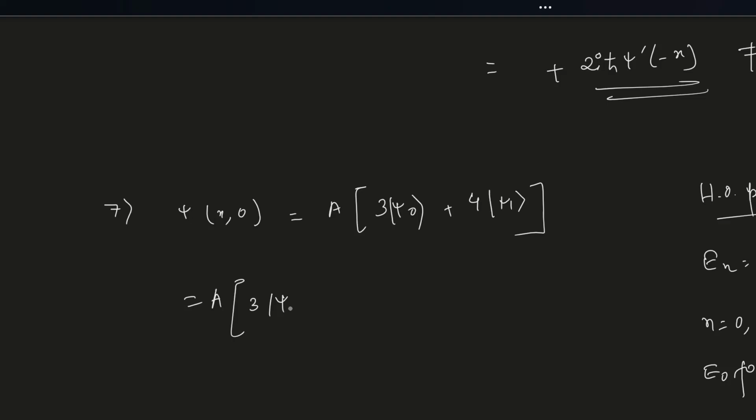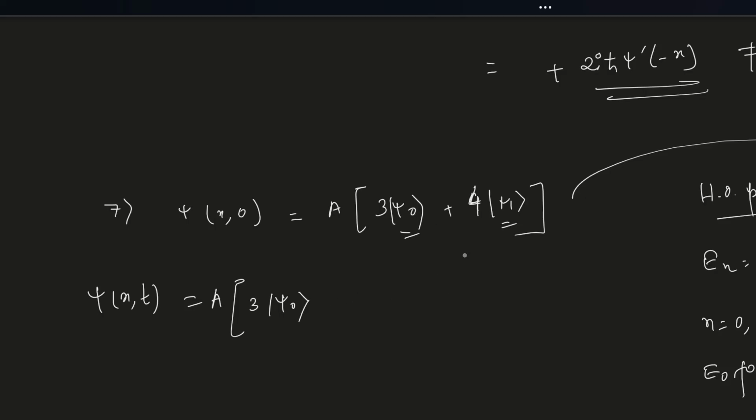Now how do you get psi xt from here? You already know that to introduce a time dependent factor you have to multiply by e to the power of minus iEt by h cut. So this is the time dependent factor of any wave function psi xt, but because there are two separate eigenfunctions of this harmonic oscillator, divided into psi naught and psi 1, instead of a single term it will have two terms.